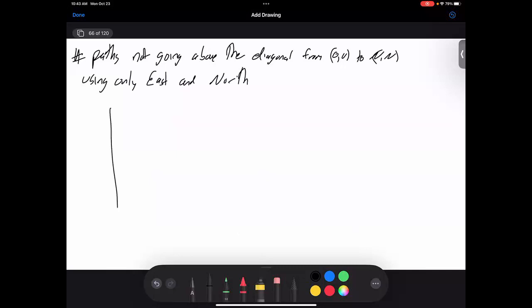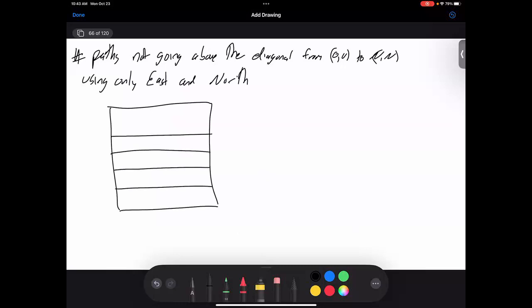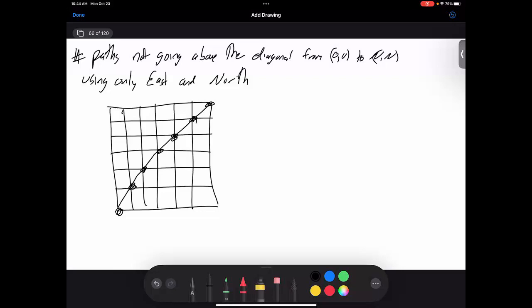Okay. So I have my grid again. And now, this is horrible. Oh, this is really bad. So here, with some generous bad eyesight, is my diagonal that I cannot cross. And I'm only going to consider paths that make it here that do not cross.